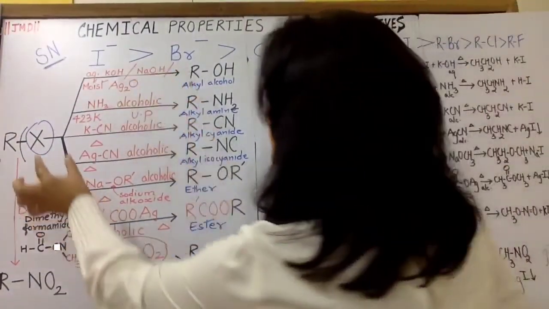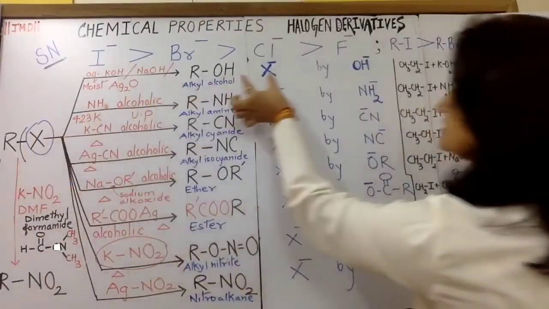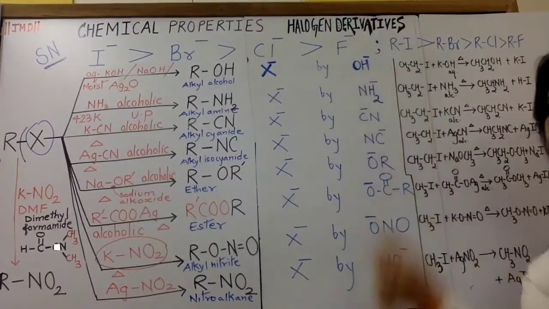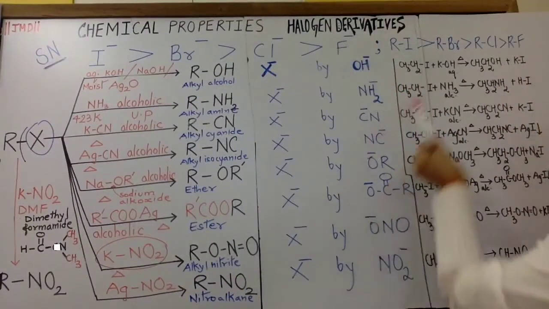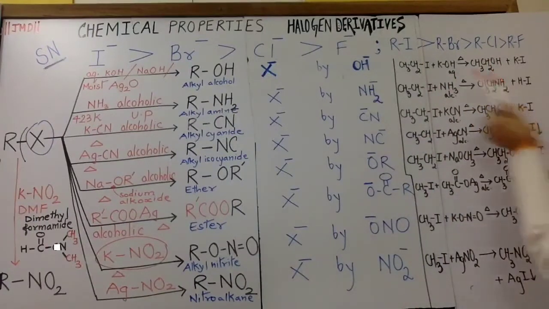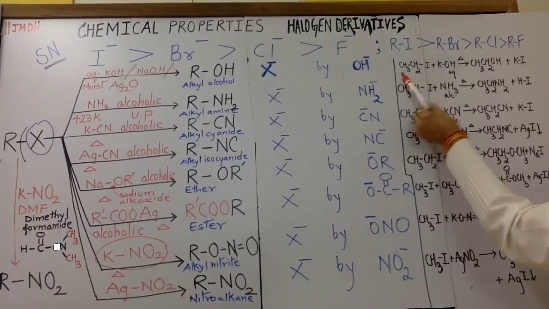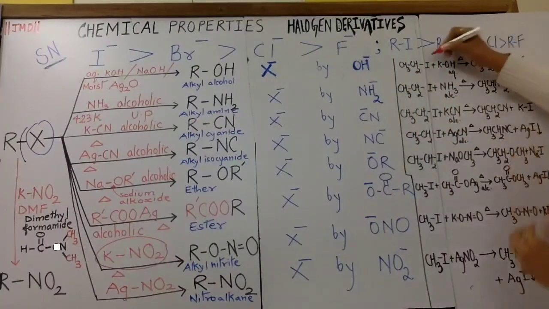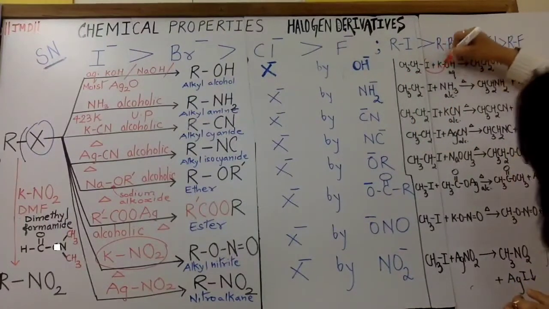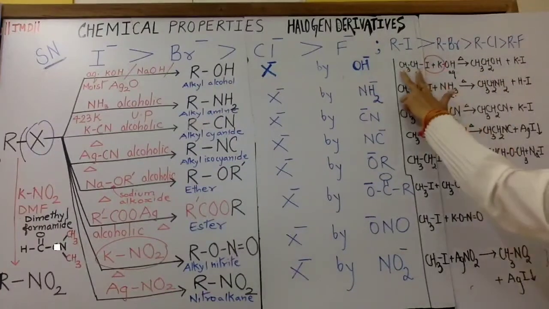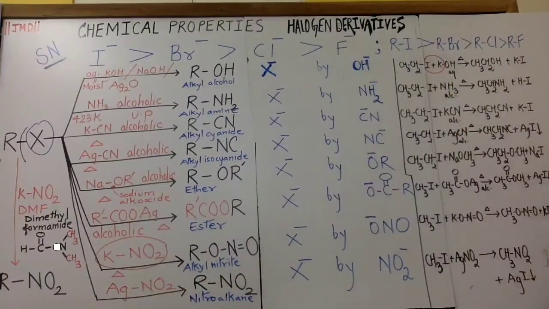As a result, the halide ion is replaced by a hydroxide ion, and we are getting an alcohol. So here is an example where iodoethane reacts with KOH, and you get ethanol and KI.